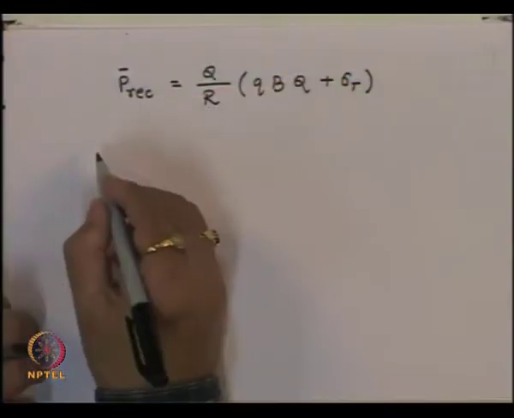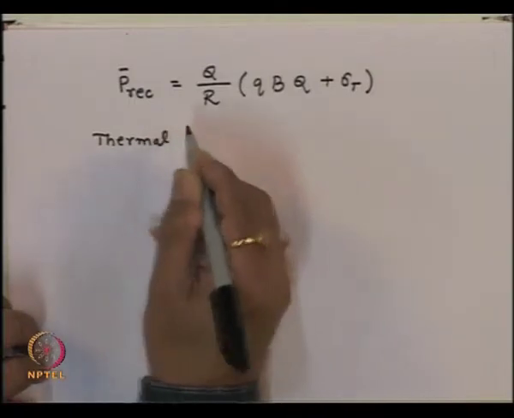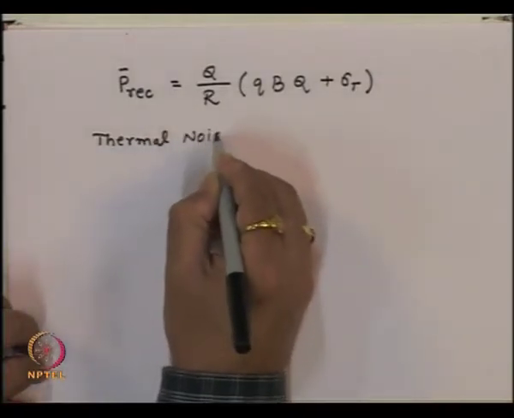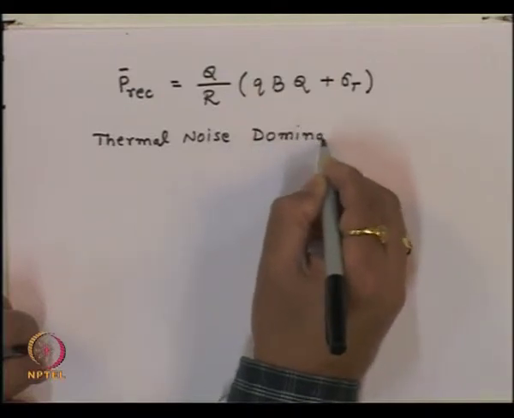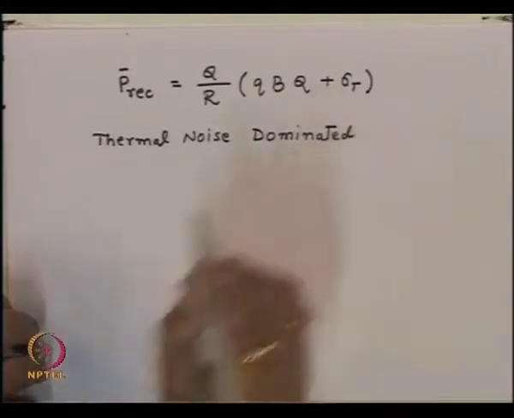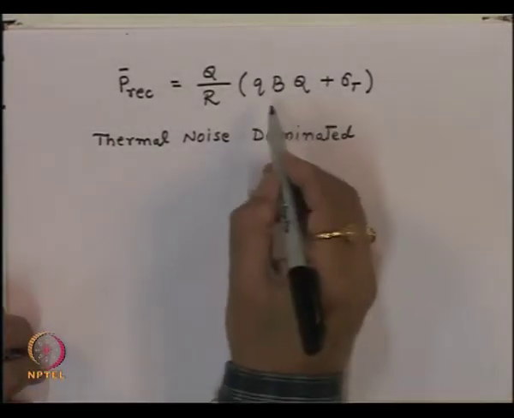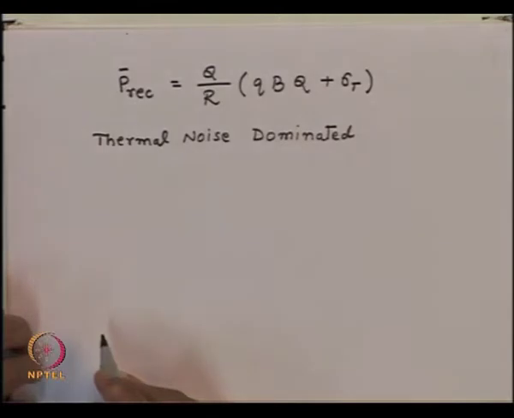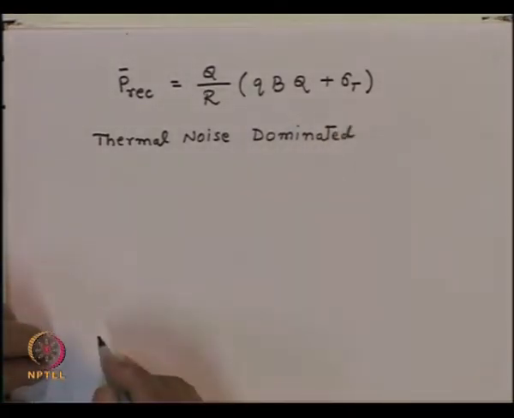So, same thing we can do here. In this case, if we take the thermal noise dominated regime, then this quantity now is very small. So, we are having only thermal noise which is present there.